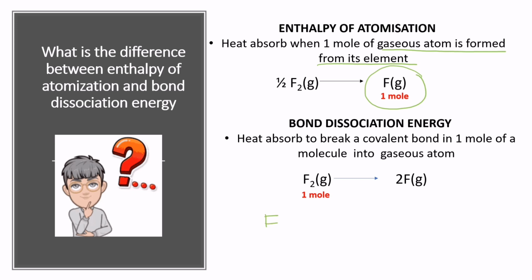For fluorine, it is the heat absorbed to break the covalent bond in 1 mole of F2 to form gaseous atoms. So 1 mole refers to F2 gas.